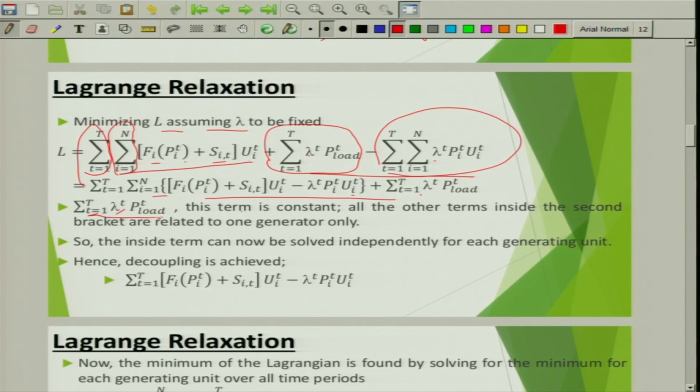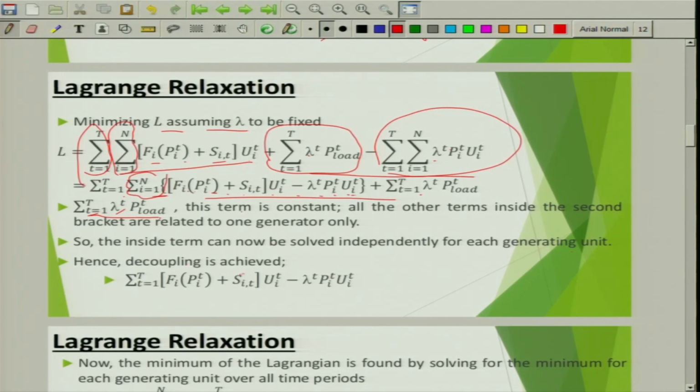So this overall term is constant. All the other terms inside the second bracket are related to one generator only. If you take out this summation i equal to 1 to n, that means this is for an individual generator. For the first generator you get the same expression, for the second generator also you get the same expression. So this expression is common for all the generators. So the inside term can now be solved independently for each generating unit.